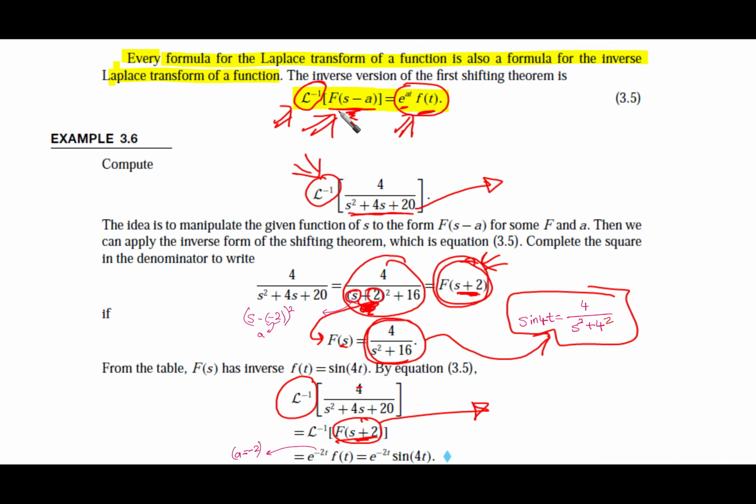Remember that here, it is going to be the function times e to the at. It is going to be the function, our f of t, which is sine 4t here, times e to the minus 2t. Take care, a equals minus 2. Right? So this is what we have done in this example.